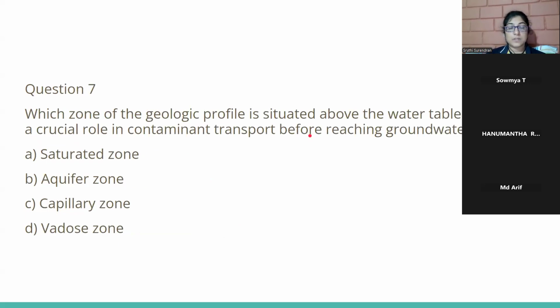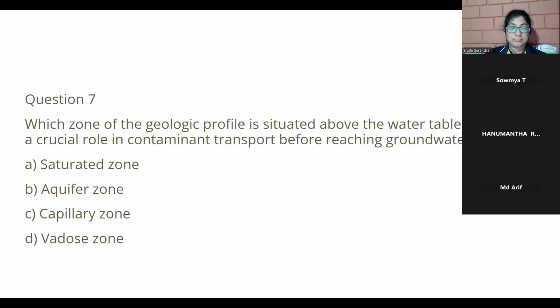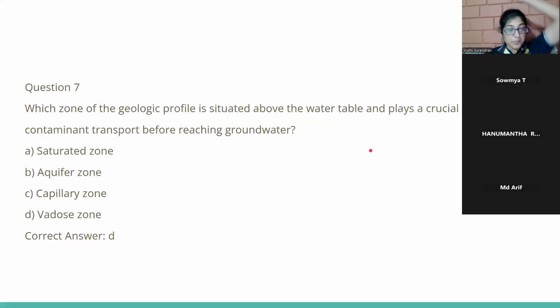Now, which zone of the geological profile is situated above the water table and plays a crucial role in contaminant transport before reaching groundwater? Correct answer is option D. There's nothing called a capillary zone.